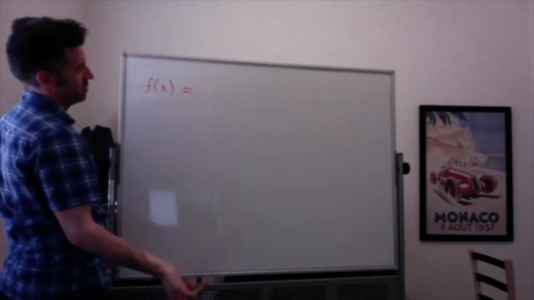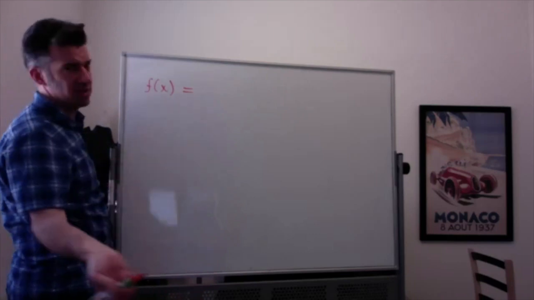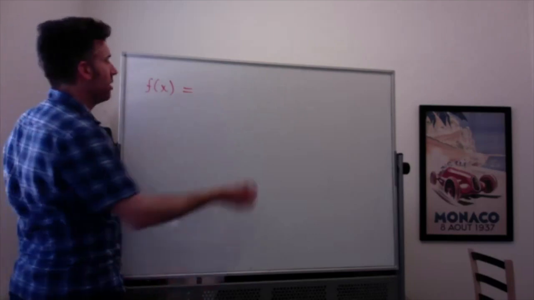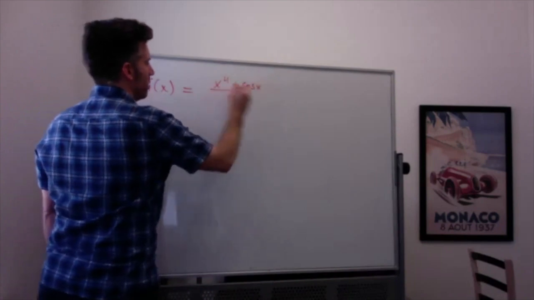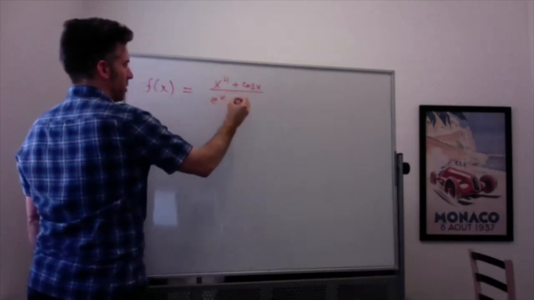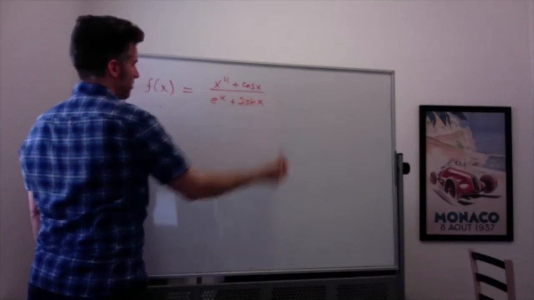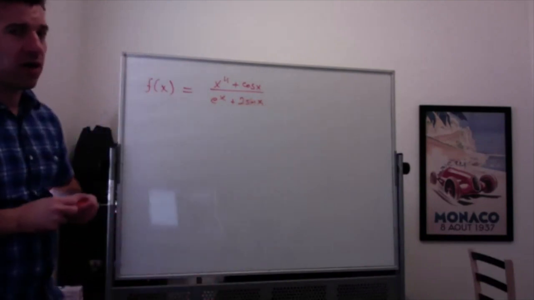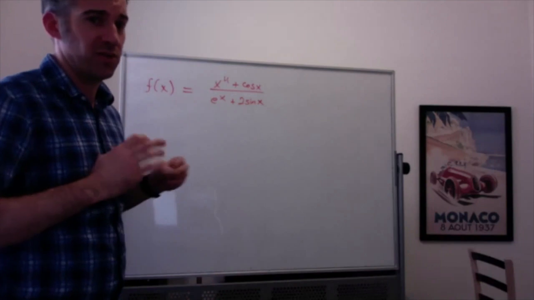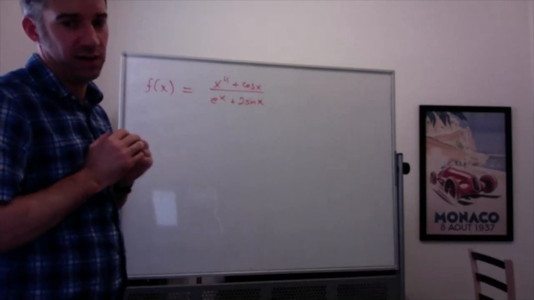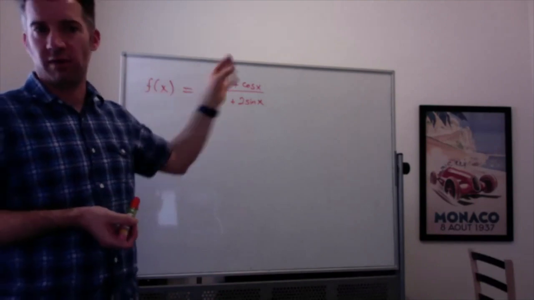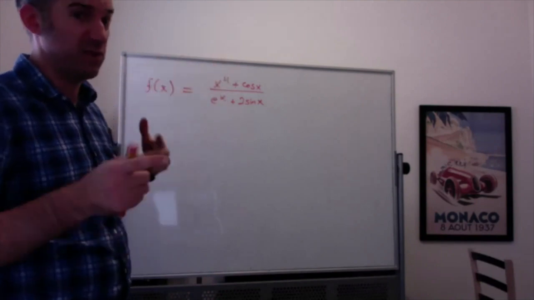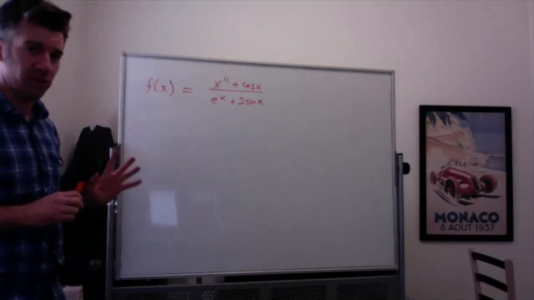F of x is, which is one of the reasons why I say top and bottom instead of f and g, let's say it's x to the fourth plus cosine of x over e to the x plus 2 sine of x. And although there are ways you could avoid using the quotient rule if you really, really, really wanted to, I wouldn't here. I would definitely use the quotient rule, even though you could avoid it if you so decided, if you know the chain rule. You have to know the chain rule, though, to avoid the quotient rule.